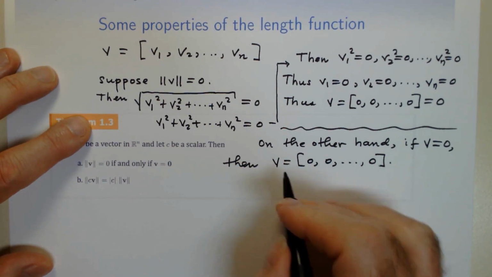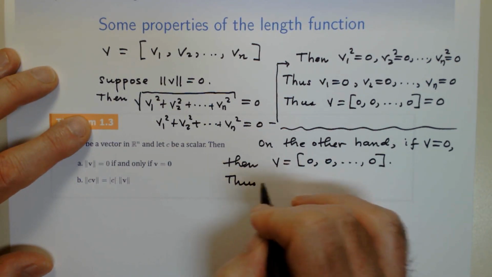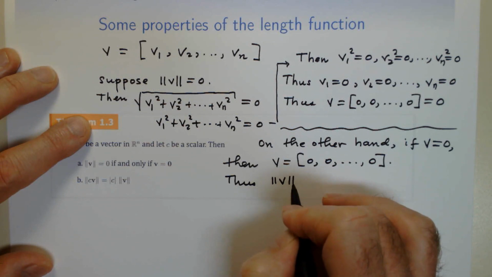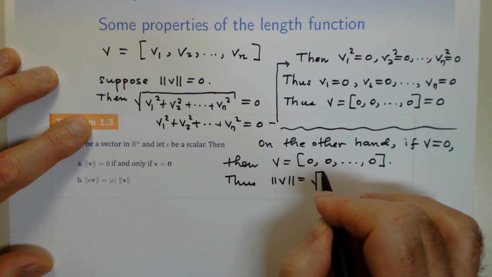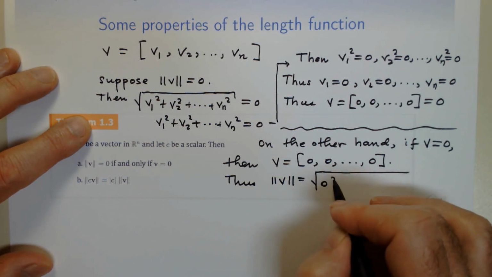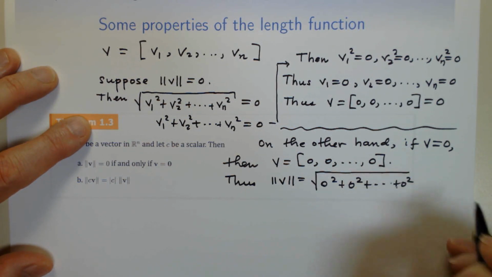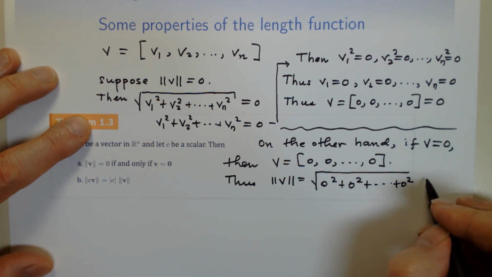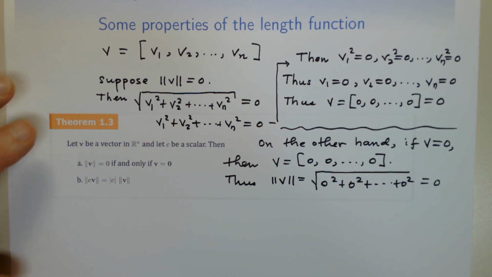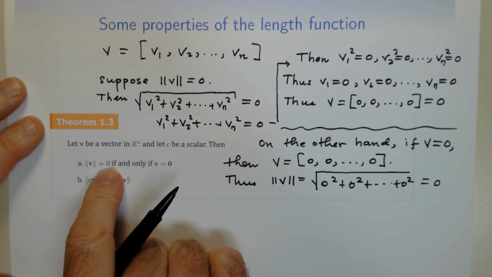And the length of V is going to be the square root of 0 squared plus 0 squared, and out to 0 squared, that's our definition of length, and that's equal to 0. So we've shown this direction as well.